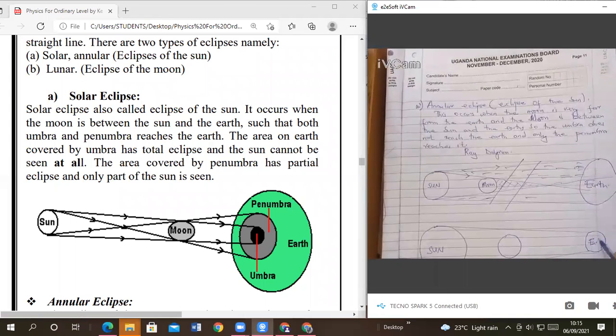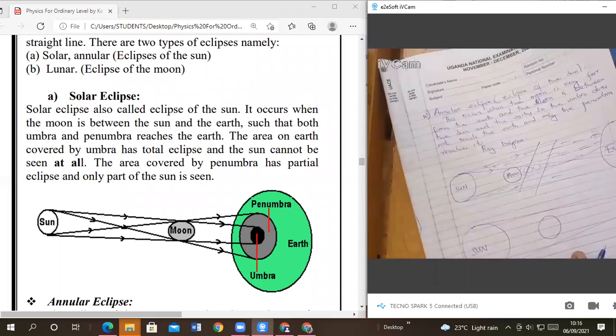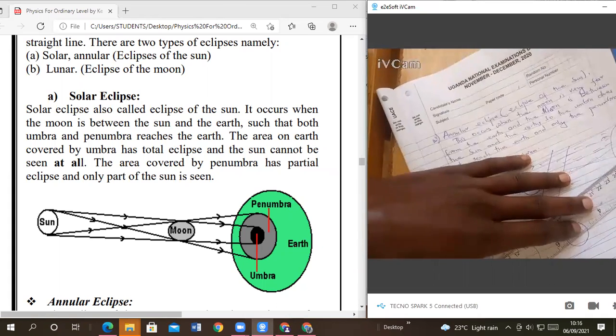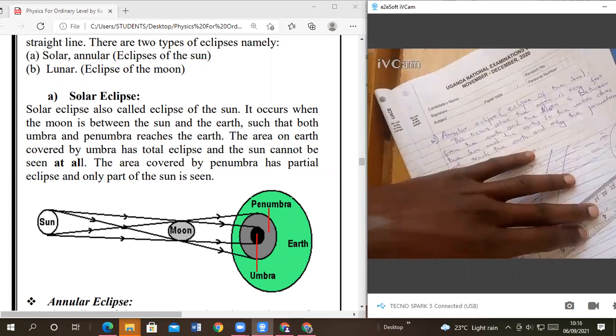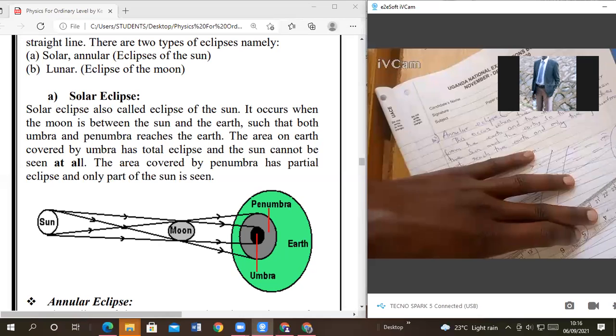So this is the earth. Still from the same point, we draw this one there.